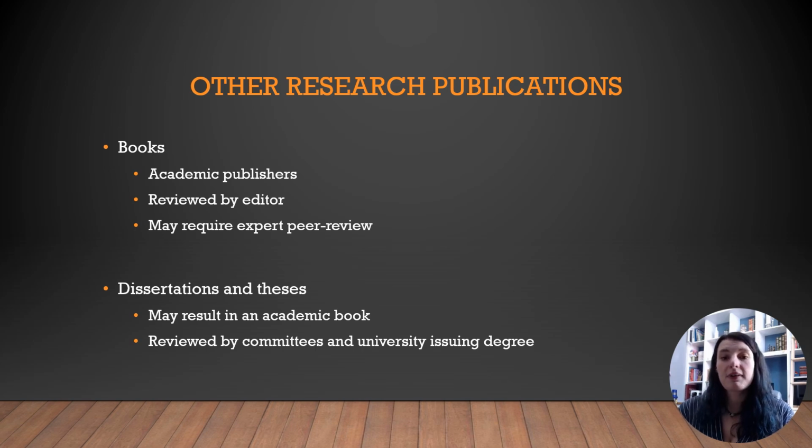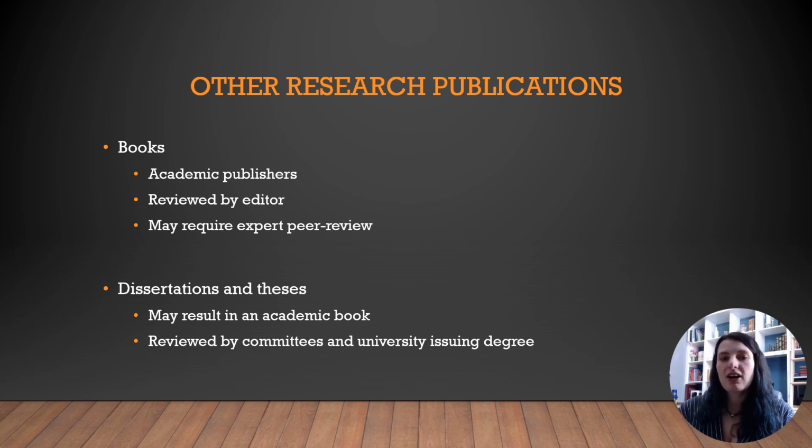Dissertations and theses are related to these, as these documents are often made into either a peer-reviewed article or an academic book. A thesis is a large research project that's required to graduate with a master's degree. Dissertations are even longer, more complex projects that are required to complete a doctoral degree. Both are reviewed and accepted by a committee of subject matter experts within the university, and they're also reviewed in some way by the university that's issuing the degree.